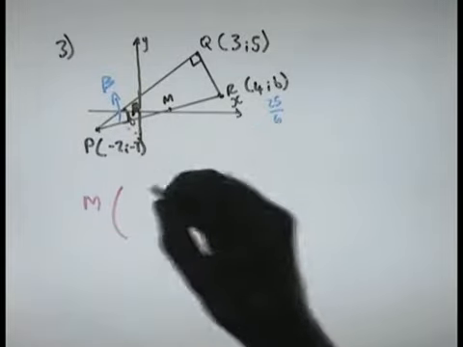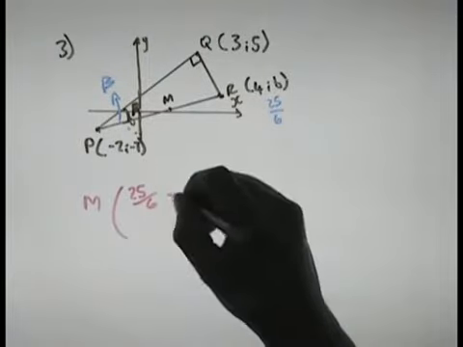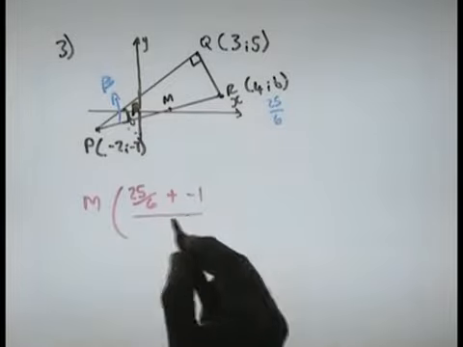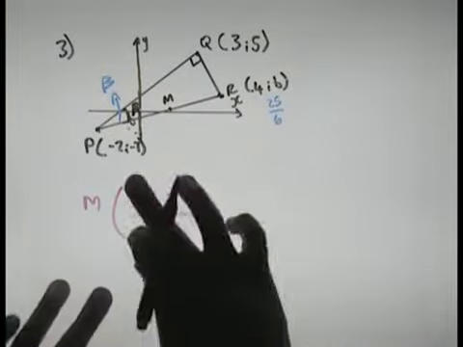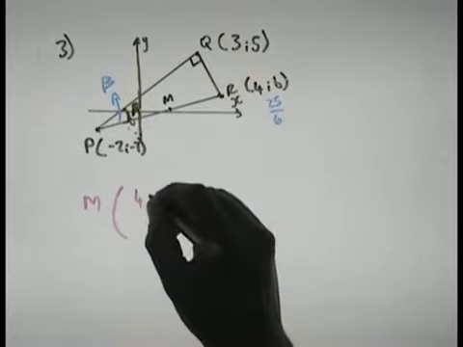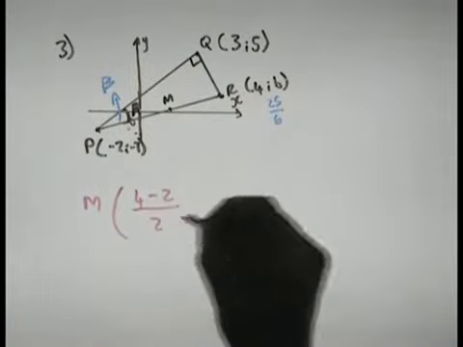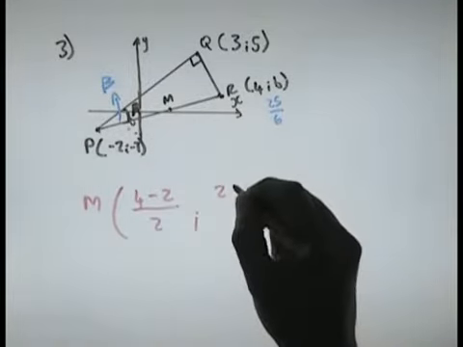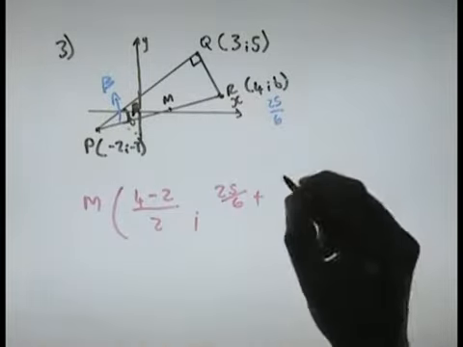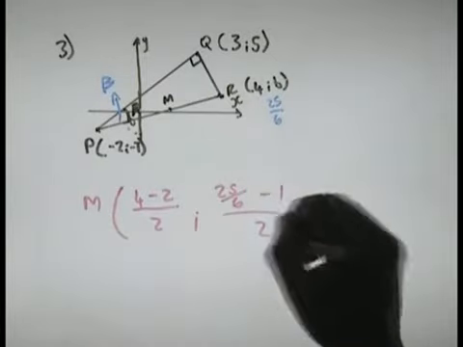That's going to be given as y2, 25 over 6, plus y1 over 2. Sorry, this is the y coordinate. We start off with the x coordinate, which is going to be 4 plus minus 2, or 4 minus 2 over 2, and y2, which is 25 over 6, plus y1, which is negative 1, so it's going to be minus 1 over 2.